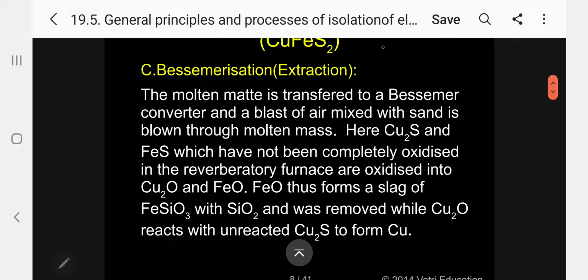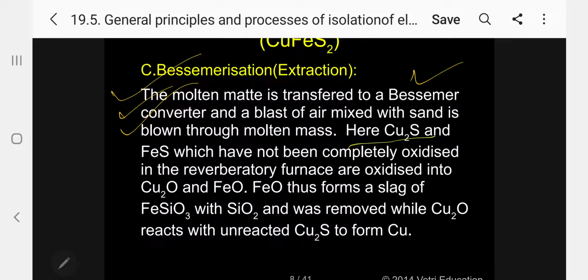So next step, Bessemerization, the continuation. The molten matte is transferred to a Bessemer converter. Please follow. A blast of air mixed with sand is blown through the molten mass.